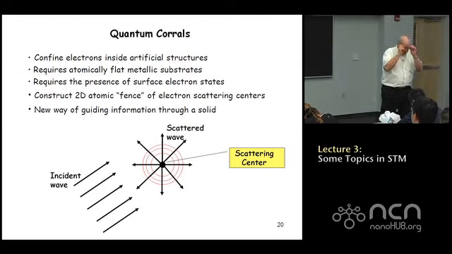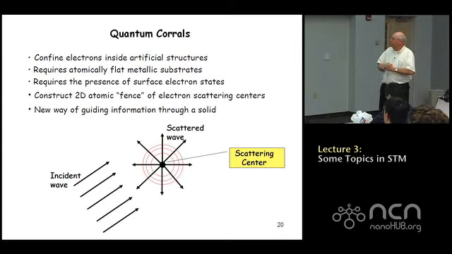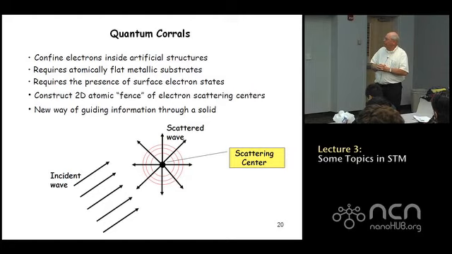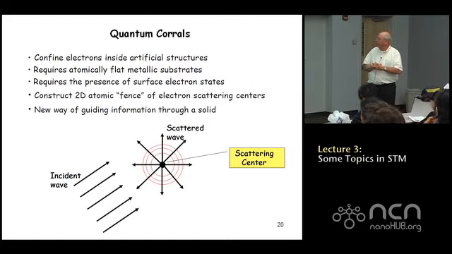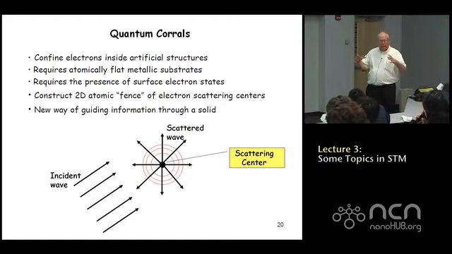You probably have seen this in your introductory physics classes, right? If you have an incident plane wave that strikes a scattering center, that incident wave is scattered in an isotropic fashion from that scattering center such that new wavelets are produced at the center of that scattering center. And these new wavelets then emanate from the scattering center in a spherically symmetric way that I've tried to indicate schematically in that diagram.